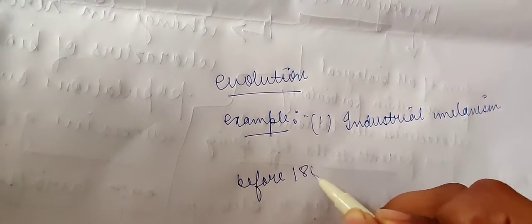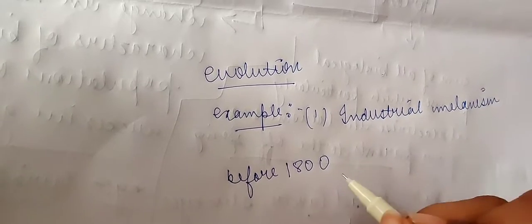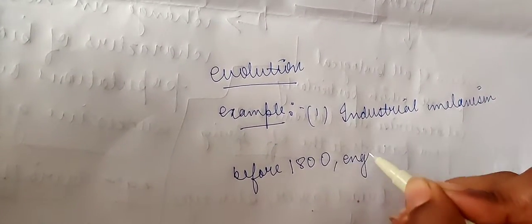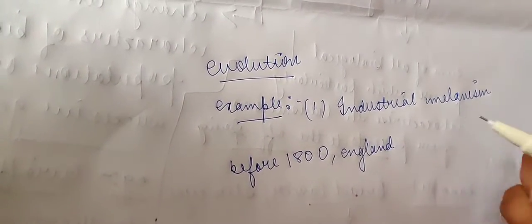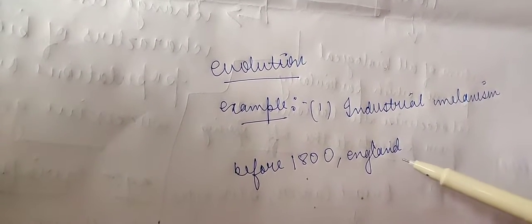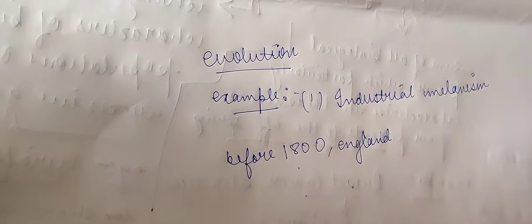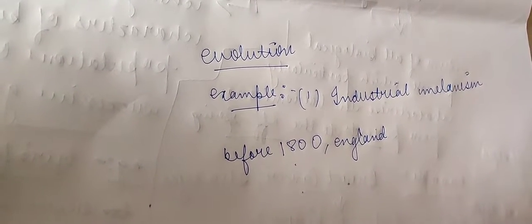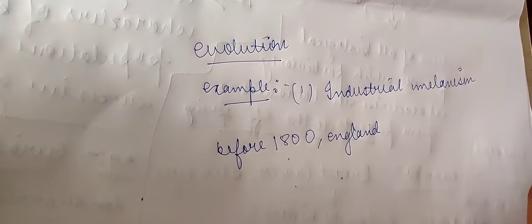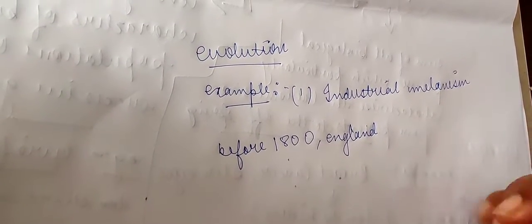Before 1800 in England, there were very few industries, and industrialization was not there in large quantities.